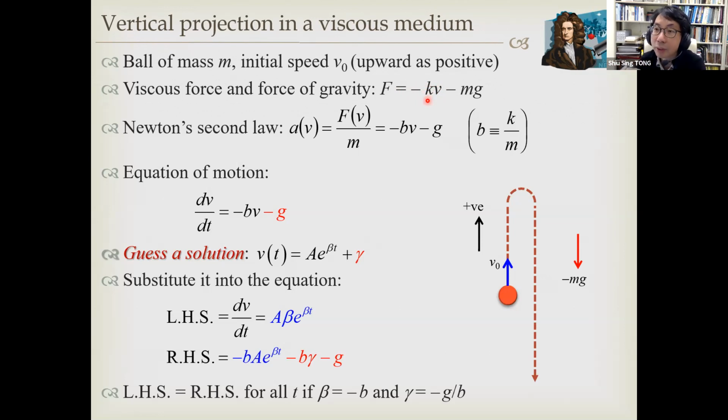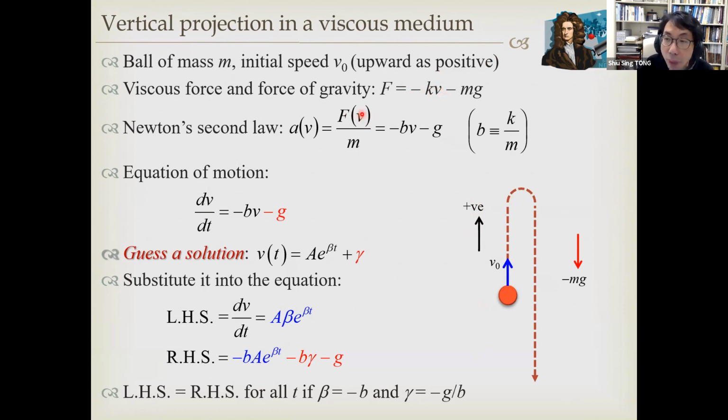If the body is moving in the negative direction, then the force is in the positive direction. It's always opposite to the velocity. So there is a physical meaning in the minus sign here. It's not arbitrary. It will not change by the change in convention. No matter whether we define the upward or downward direction as positive, we still have this minus sign that goes before the velocity.